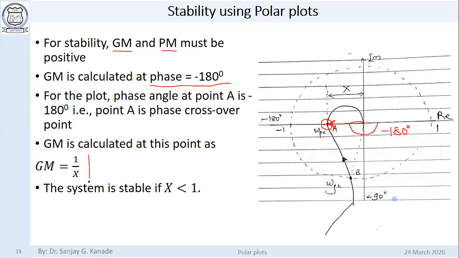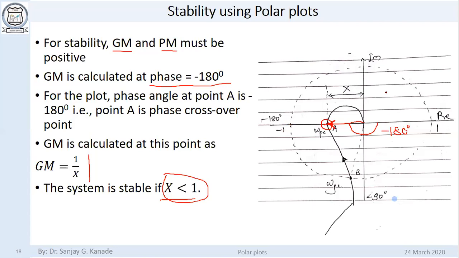This formula we have seen at the time of studying Bode plot. Now, gain margin should be positive. That is the condition for stability. So this translates into: the system is stable if x is less than 1. Why less than 1?